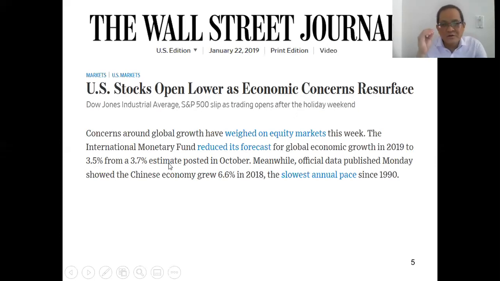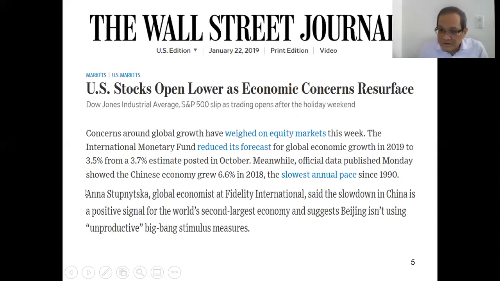So we learned two things. Number one, the IMF is an institution that the market pays attention to. Number two, even a small change from 3.7 to 3.5 is a big deal to the market.